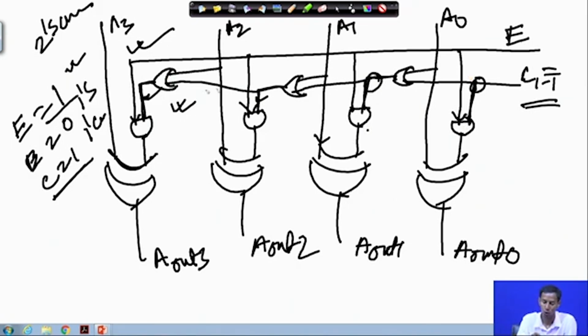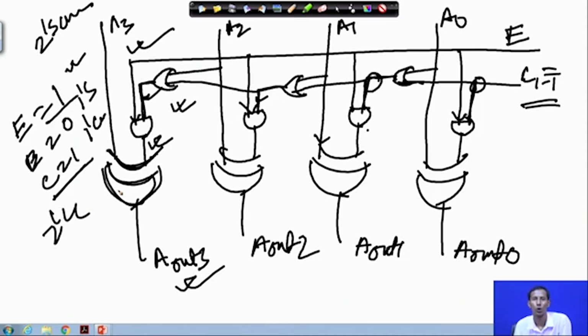Okay. So, as I am putting this carry in this particular chain towards the MSB, this carry will be propagated, and then that will be XORed with the corresponding bit positions of A3, A2, A1 and A0, and you will get the A out, that means the corresponding 2's complement circuit.